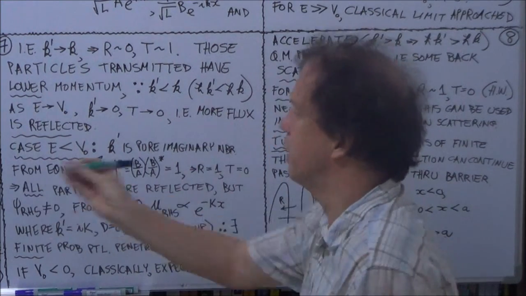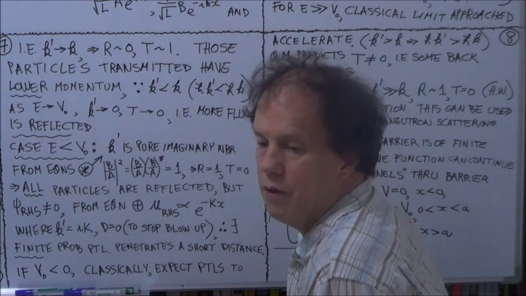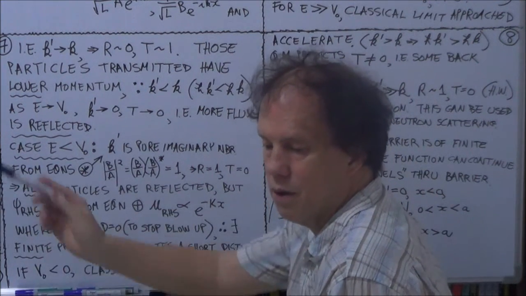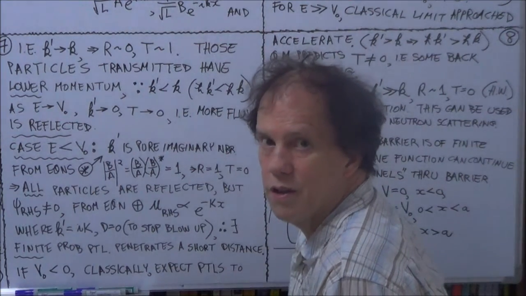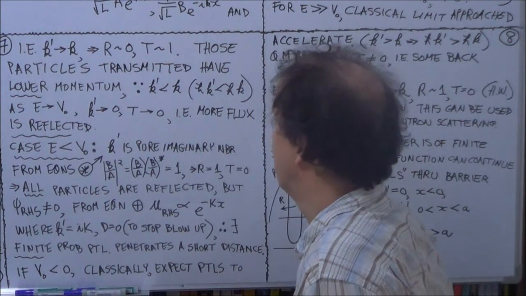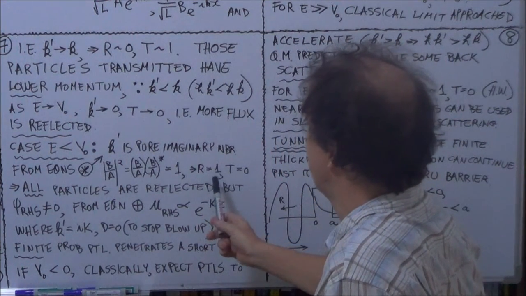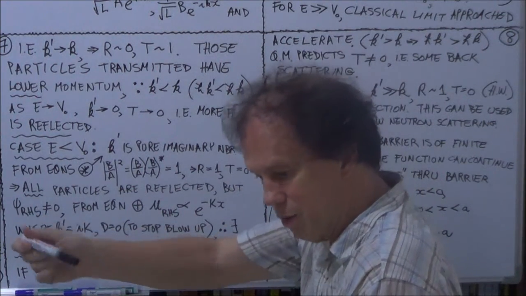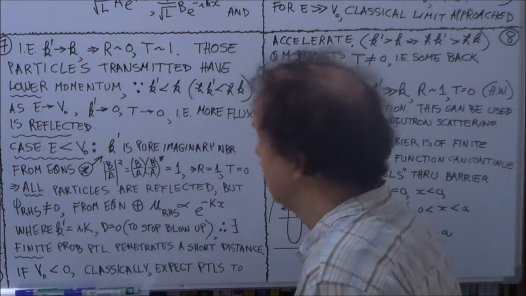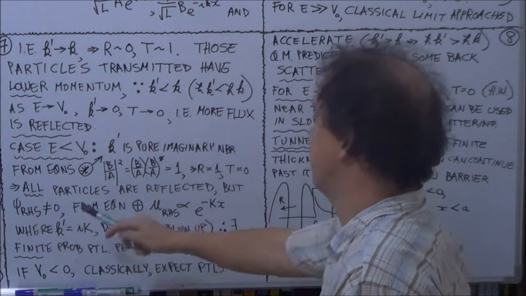The amplitude coming in is equal to the amplitude going out, so everything that's coming in is going out. Everything's getting reflected, nothing's getting transmitted. So R goes to 1, and therefore T, the fraction that gets transmitted, goes to 0. So all your particles are reflected.